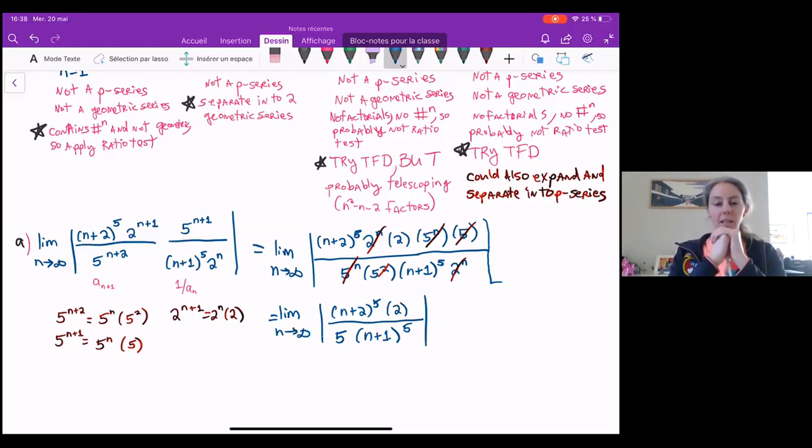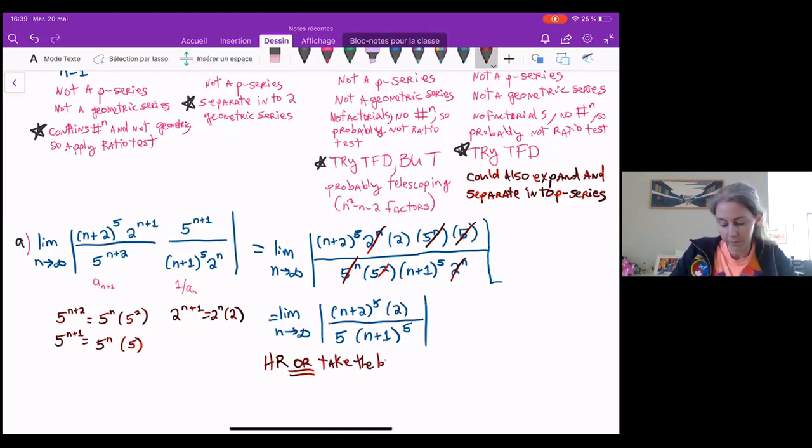It's always the same thing at this point. How do I do this limit? How am I going to evaluate this limit? Okay. Yes, good job. We're going to take the big stuff. Could I also do L'Hopital's rule if I wanted to? Yes, so this is either L'Hopital's rule or take the big stuff because it's a polynomial over a polynomial.